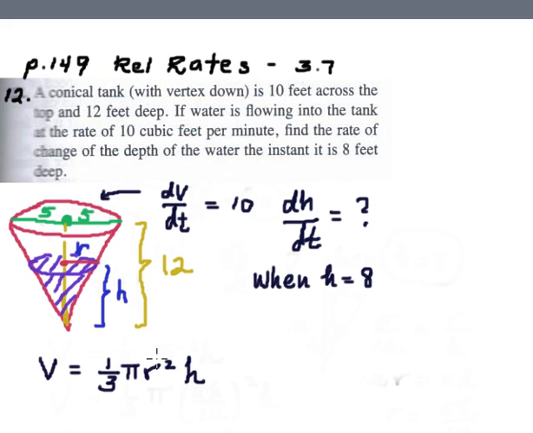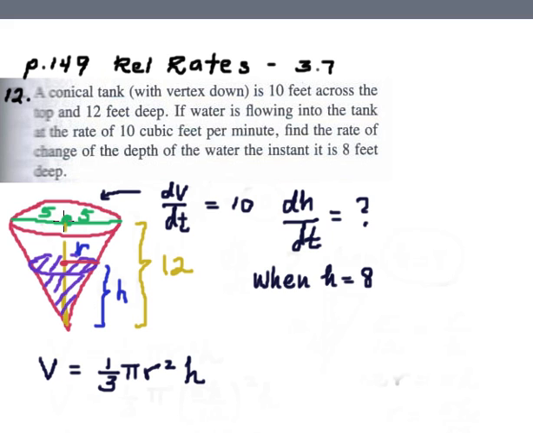Well, what about this variable r? We have some more information that enables us to eliminate r. We have to use all the information given to us, and that information is that the width of the tank at the top is 10 and the height is 12. We haven't used that yet. We're going to use that to get an equation that relates r and h.